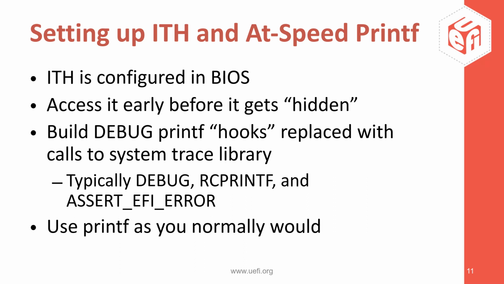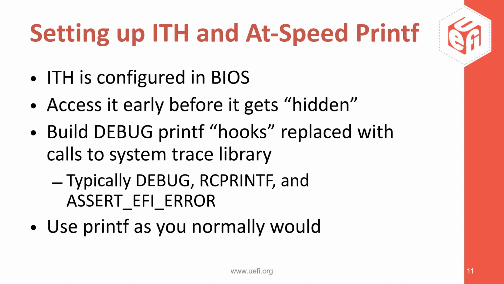Now for at-speed Printf, you need to hook the regular debug type statements, the debug type printfs, and replace those with calls, a little bit of modified code, as part of the system trace library. So you've got the debug macro that you want to hook, RC printf or MRC printf, and the assert.